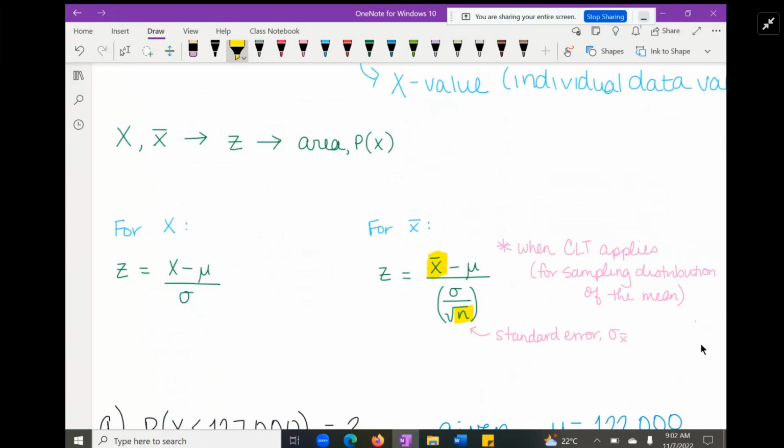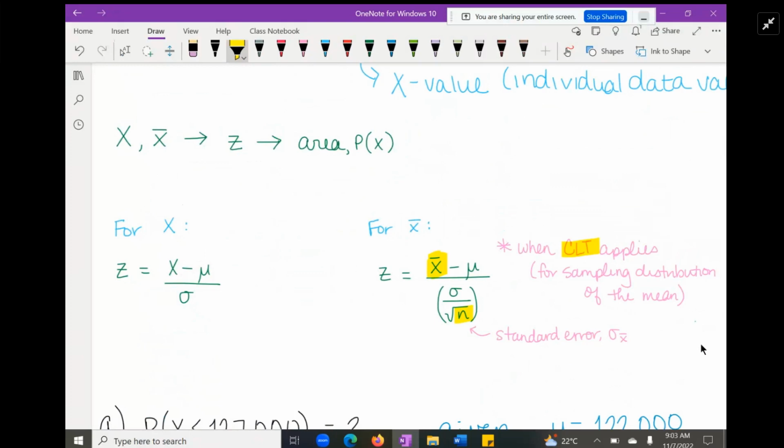They're referring to the same concept, that is standard score. Virtually that's what we're going to do. We're turning the X value or X bar value into a standard score in order to find the area, but in different settings. Specifically, X bar is dealing with the central limit theorem. This is where it is applied, because we're no longer just talking about an individual value from a population.